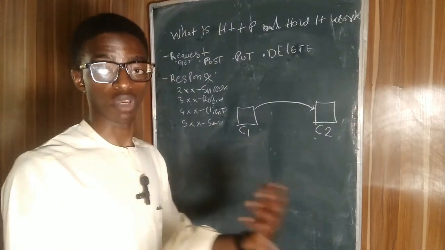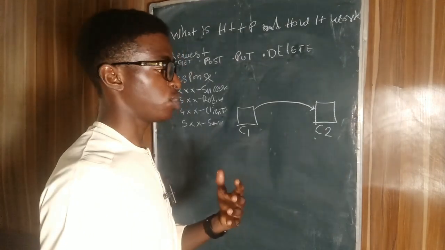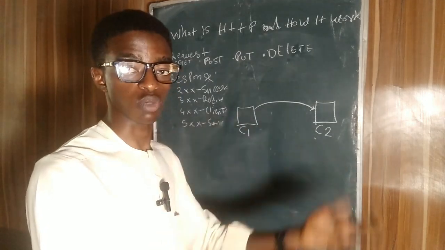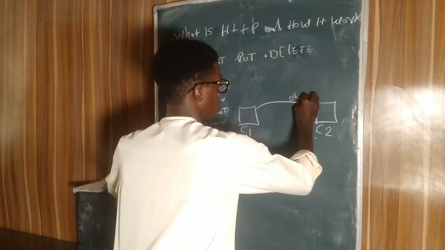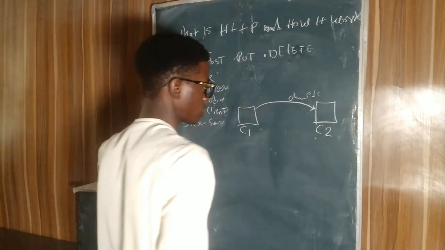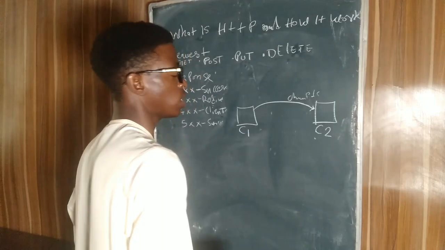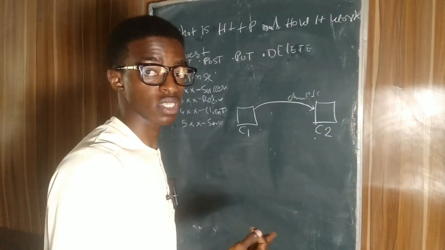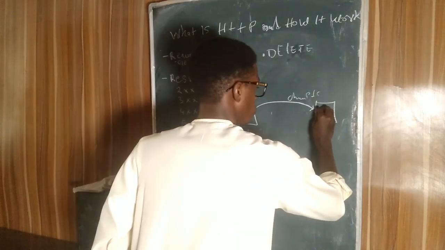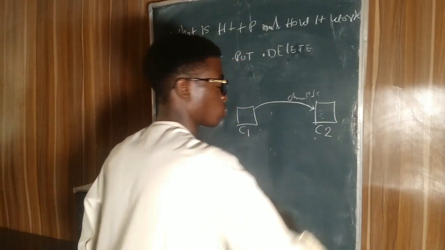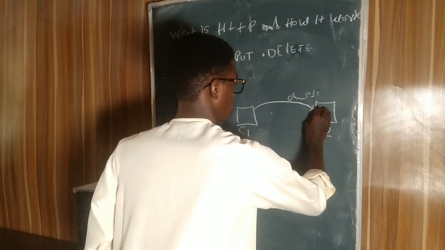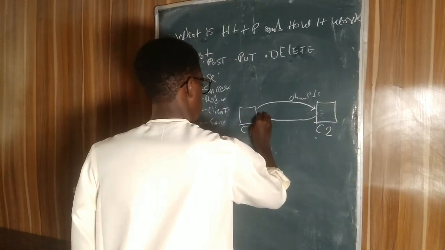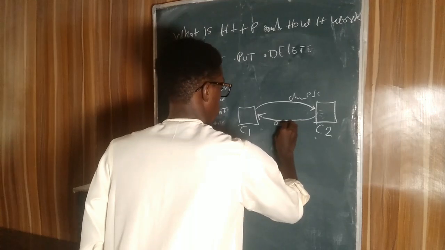Maybe he wants a physics textbook in PDF. Maybe he wants a chemistry textbook in PDF. So he will make a request requesting a chemistry textbook in PDF. And then computer 2 will say, okay, so you want me to send you a chemistry textbook in PDF. Then this computer will check its documents, its files, find that chemistry textbook and give it back to computer 1 as a response.